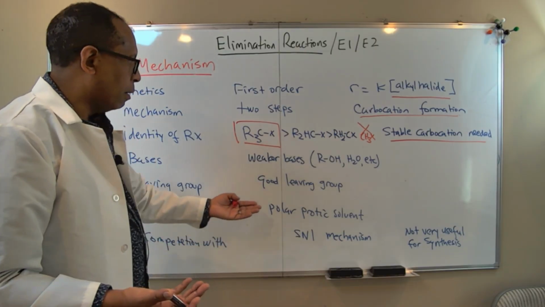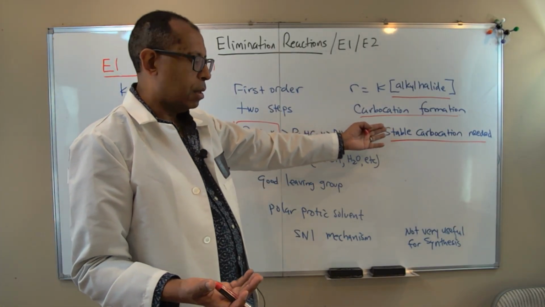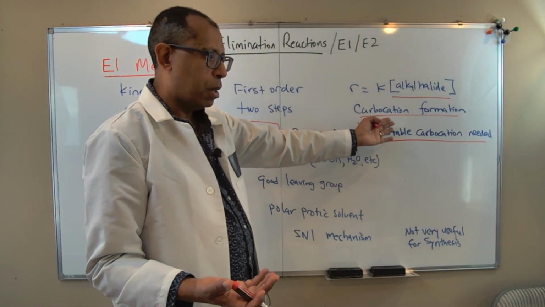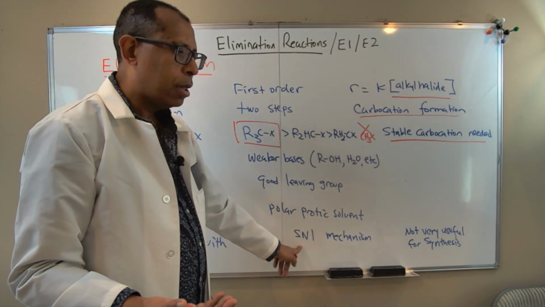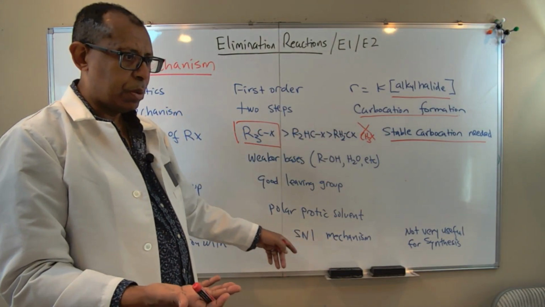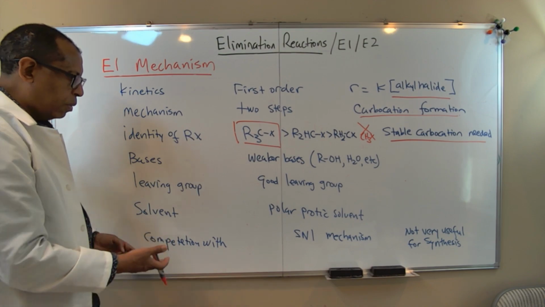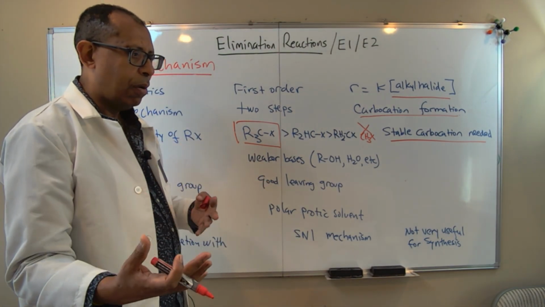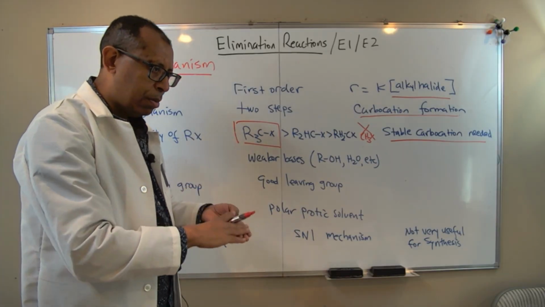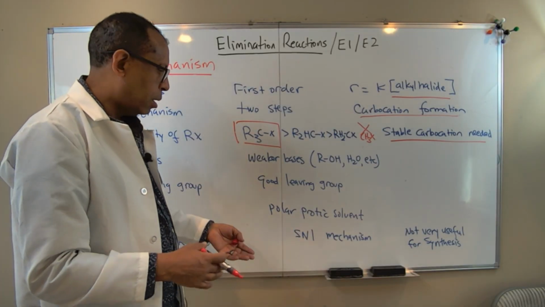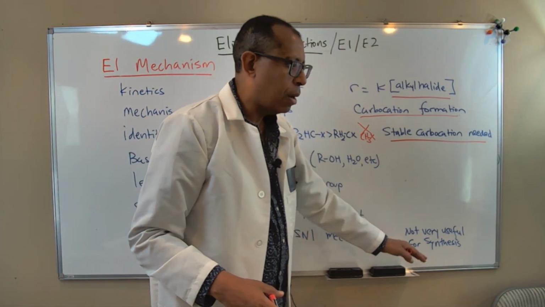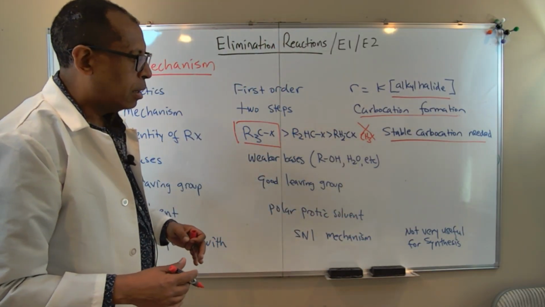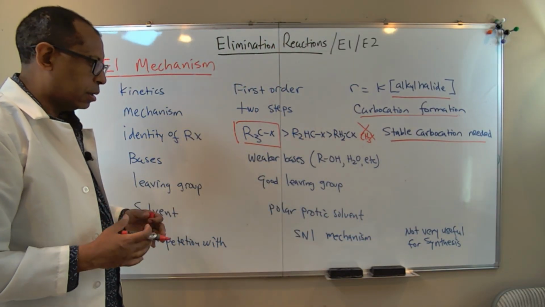In the E1, a stable carbocation is formed, and an SN1 side reaction can happen. Hence, it gives you a mixture of substitution product, elimination product, and so on. So it's not very useful as far as meaningful synthesis problems are concerned.